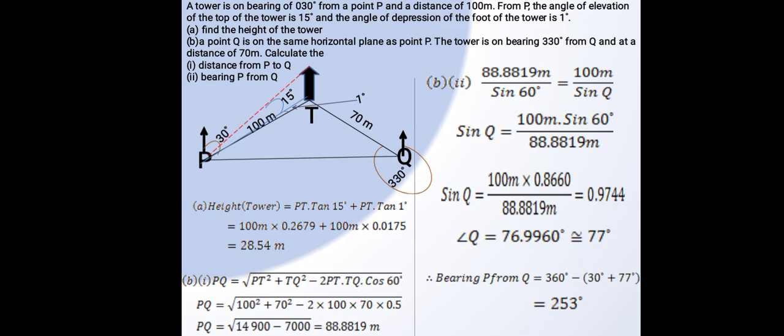So the angle of elevation and the angle of depression are two opposite angles made by a transversal to two parallel lines, so they are equal.